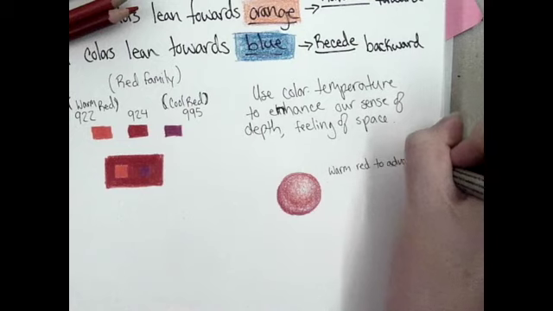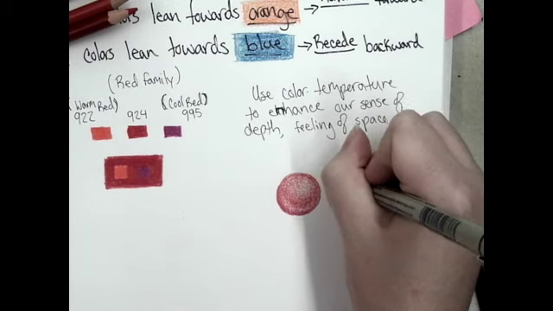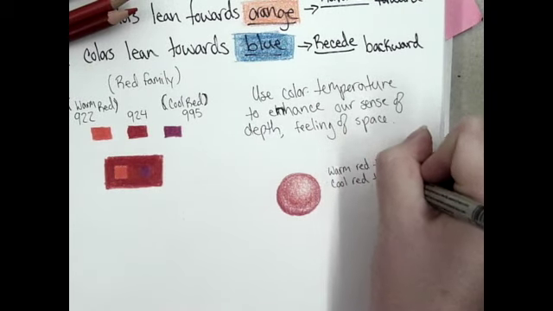So I use my warm red to advance and my cool red to recede.